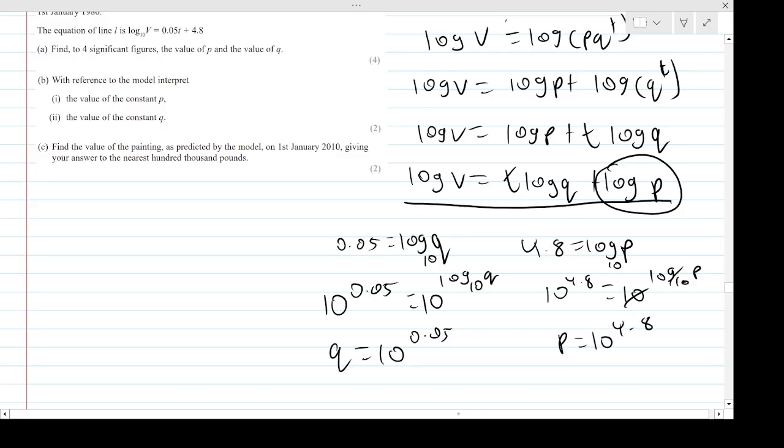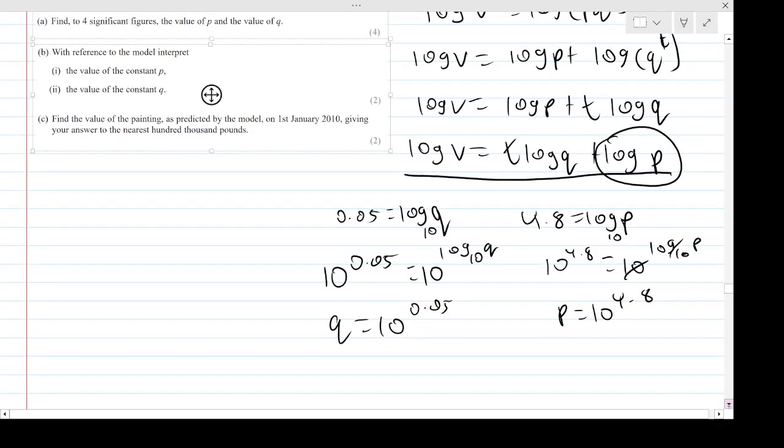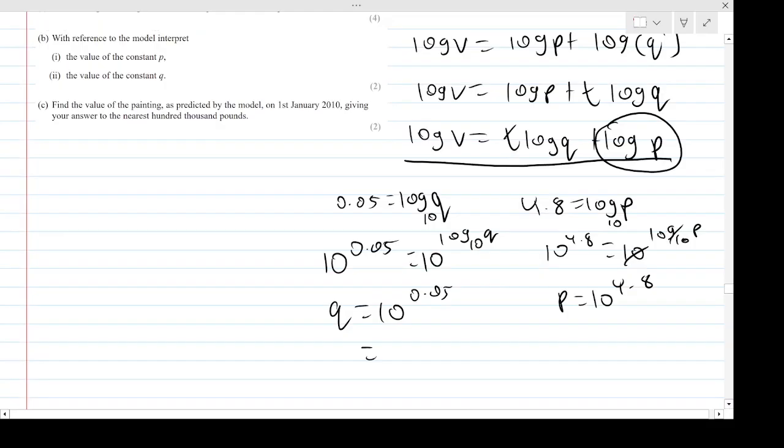And so the four significant figures, if we put that in a calculator, 10 to the 0.05 is 1.122 to four significant figures.